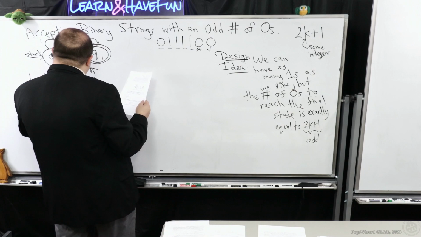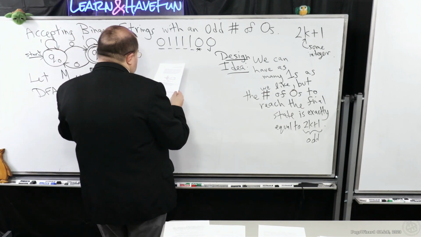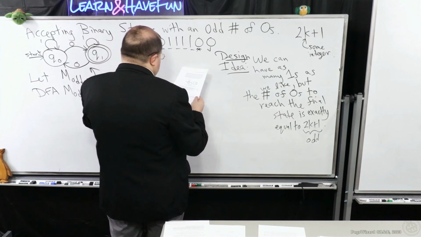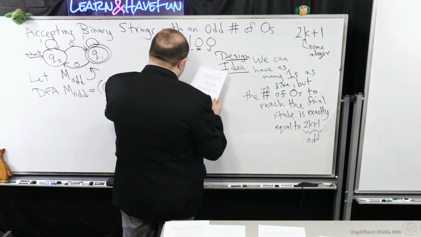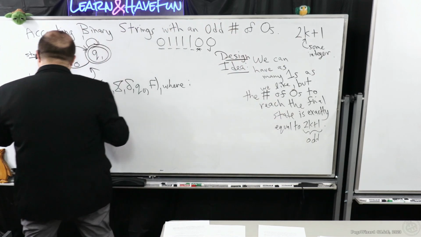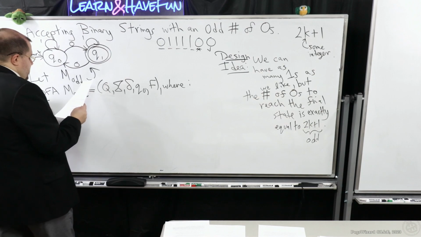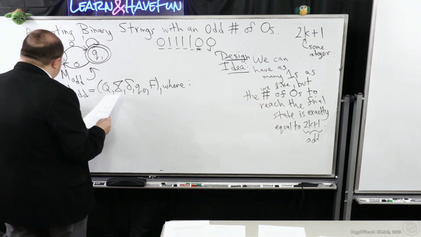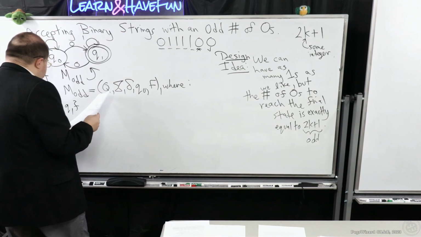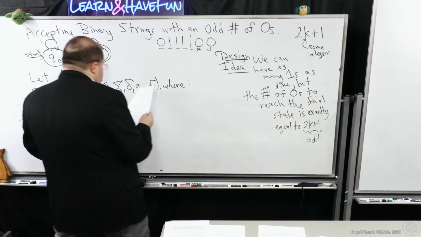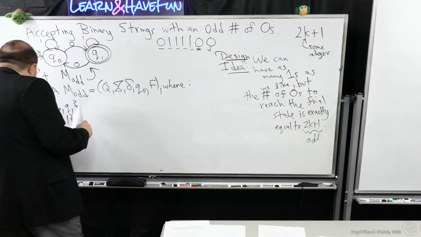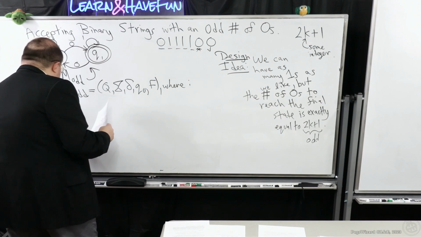DFA M_odd is going to be equal to (Q, Sigma, delta, Q0, F), where Q is equal to {Q0, Q1}. Sigma, or the input symbols, are going to be equal to {0, 1}. The start state is Q0.